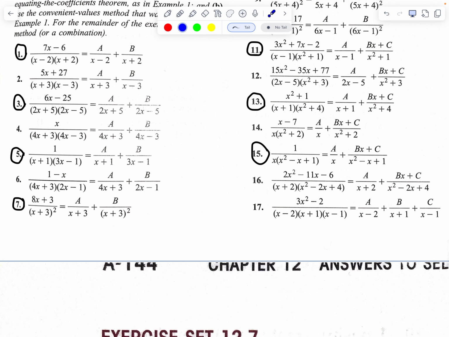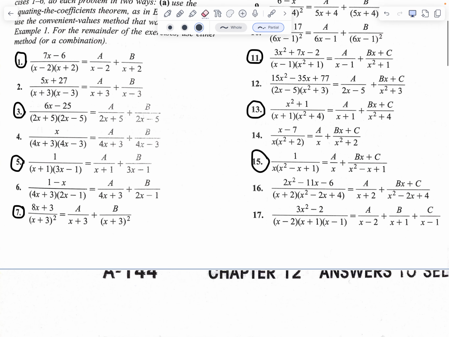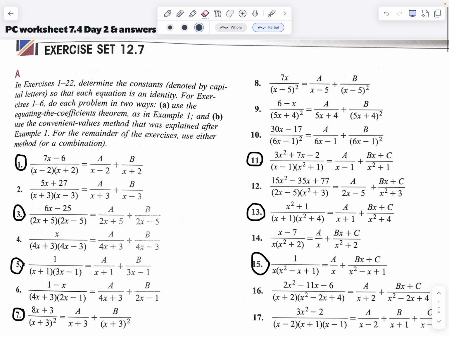And these are both linear factors. So you're going to have A over x plus 2 plus B over x plus 4. And then you multiply each side by the LCD. And that means every term. And that should clear out the fractions.